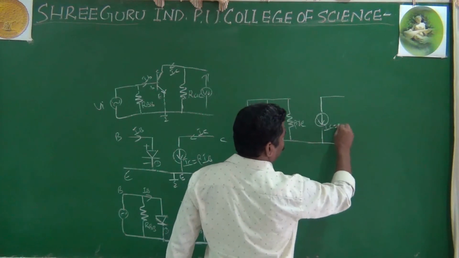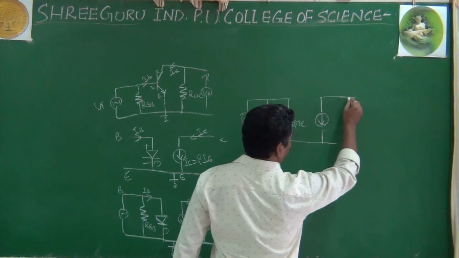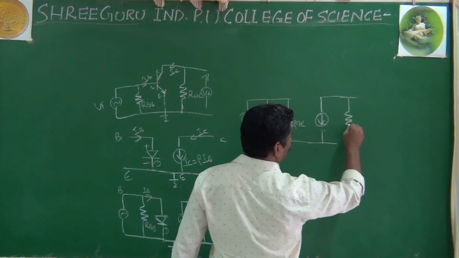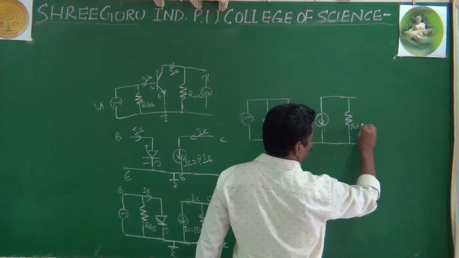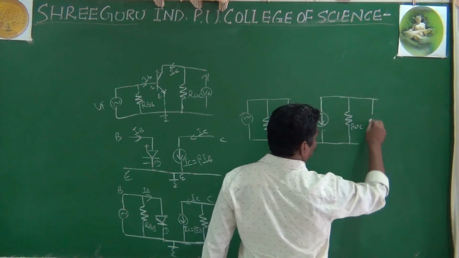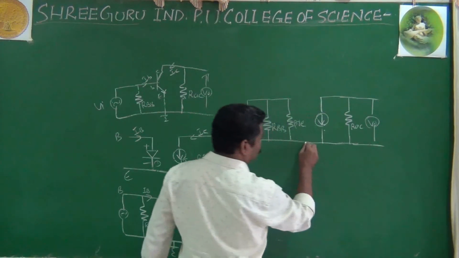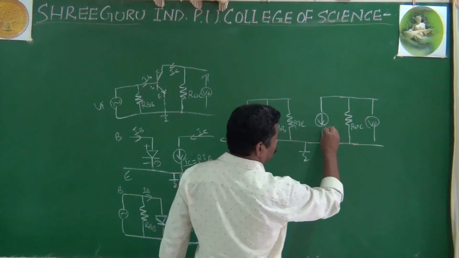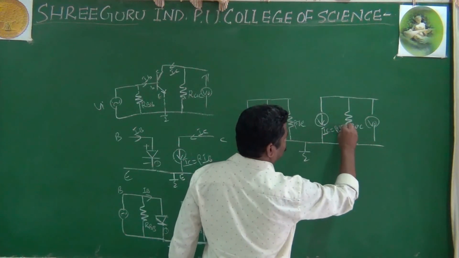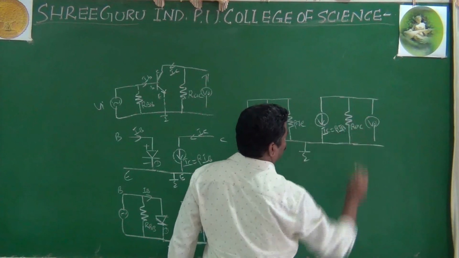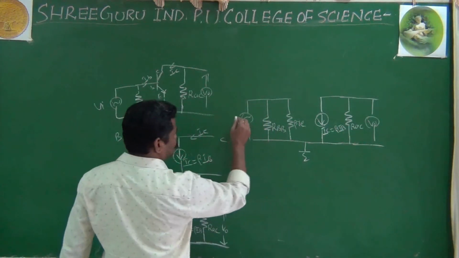IC equal to beta, you can write here as it is, RAC, and here we have the output signal. The only thing is that you can write IC is equal to beta into IB. This is the importance. This is the final circuit.